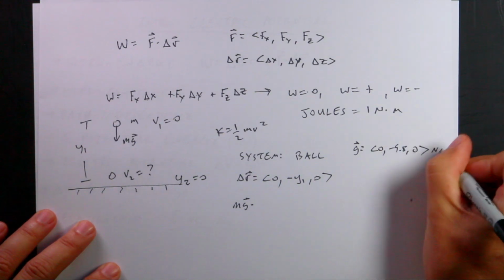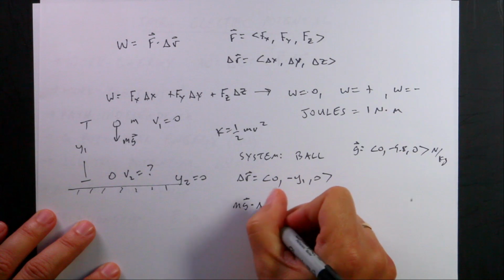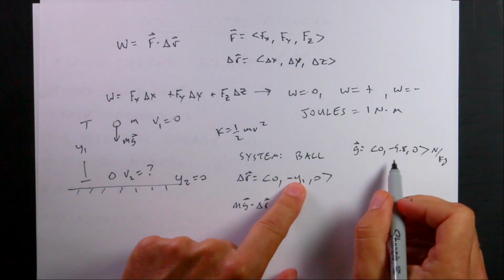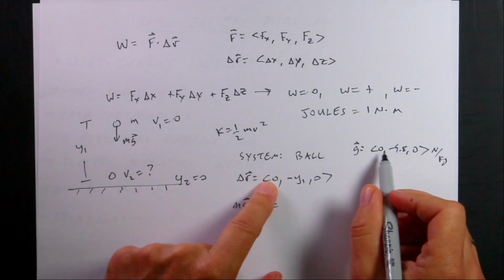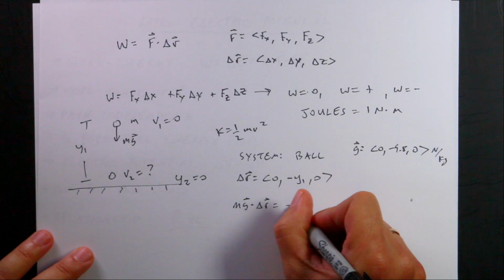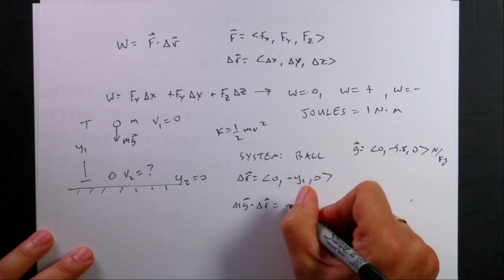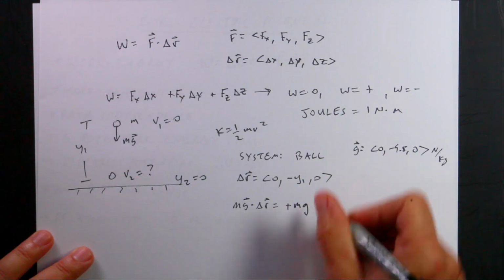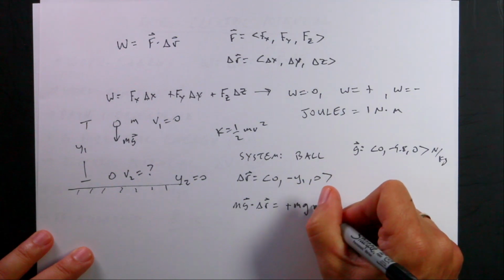newtons per kilogram. So mg dot delta r is going to be equal to, the only thing that's going to survive is this, right? The 0 times 0 and 0 times 0 just go away. So I get a negative times a negative, so I get plus m, I'll choose the magnitude of that g, y1.